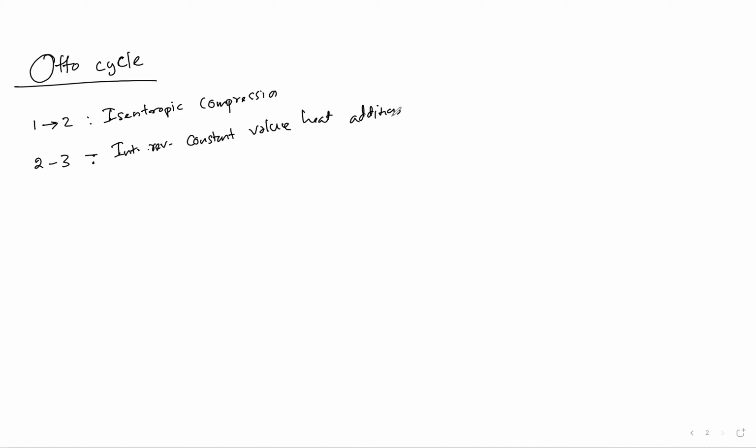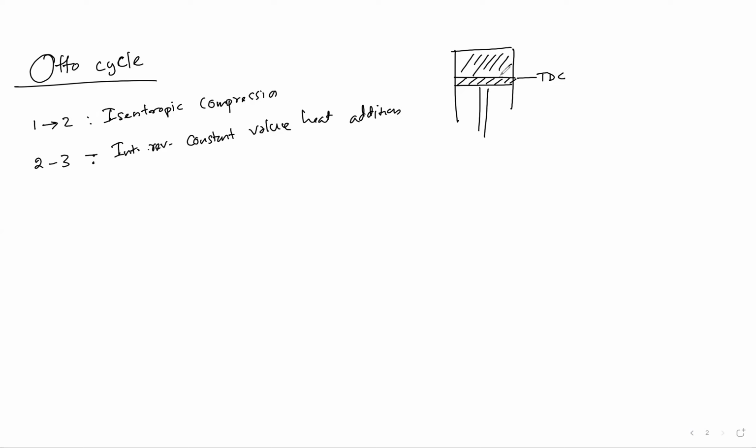Constant volume heat addition, because we assume that the combustion process takes place very quickly, such that there's no time for the piston to move down. So that means the volume between the crown of the piston and the top of the cylinder, this is the piston at the top dead center, TDC.